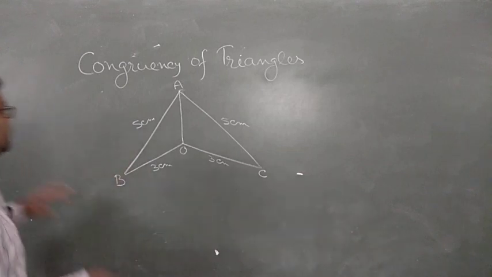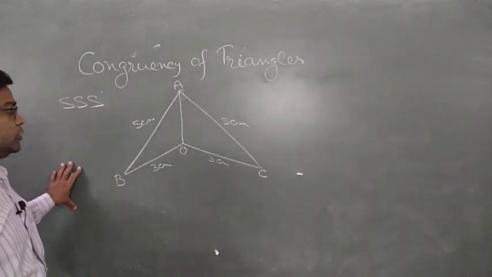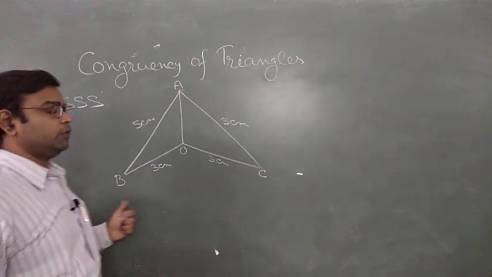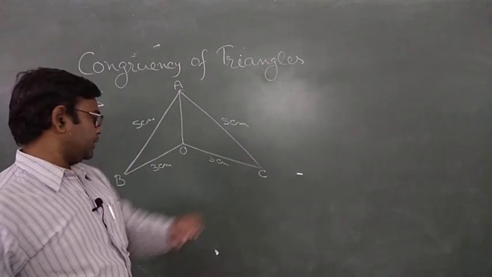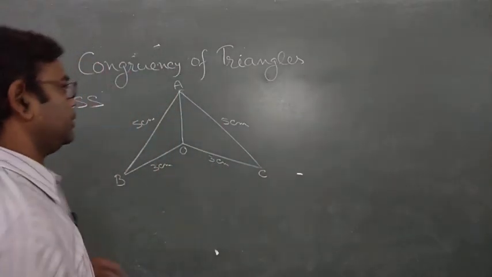use, it strictly says, use the SSS rule. So yes, we can use the SSS rule. And how you solve, how you write, I am writing over here in this part. I think you are able to see.